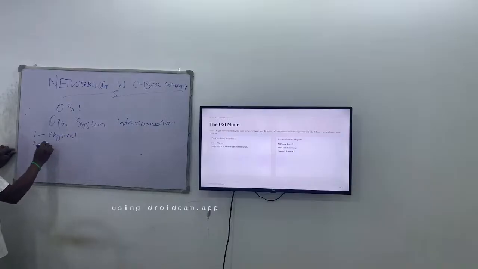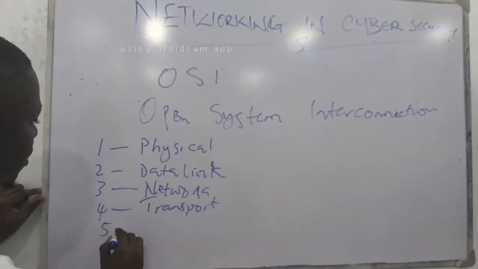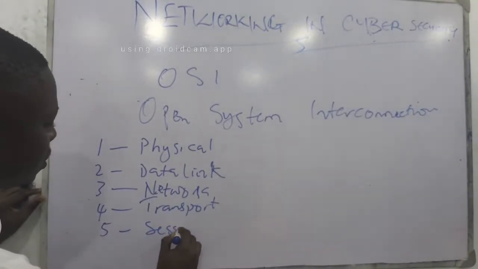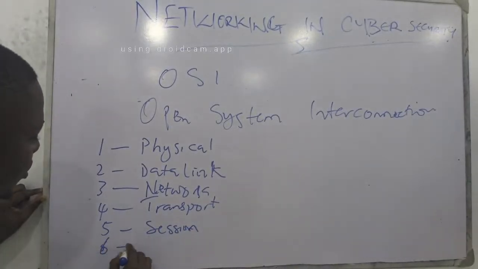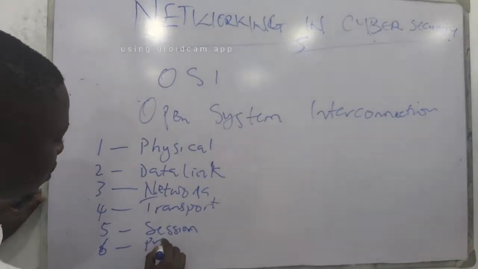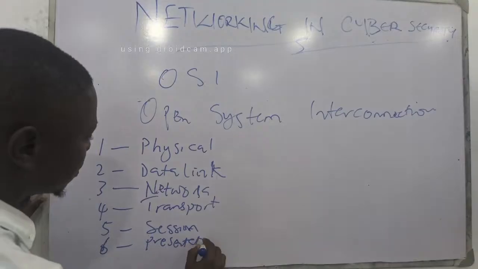The second layer is data link. The third layer is the network layer. The fourth layer is transport. The fifth is the session. The sixth is the presentation. And the seventh is the application layer.